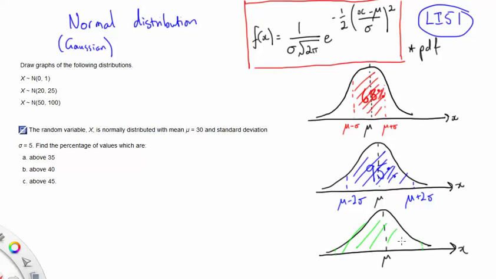So this here is 99.7% of your data. So that's mu minus 3 sigma, mu plus 3 sigma. 99.7% lies between that interval. So this you just have to memorize. Memorize this.